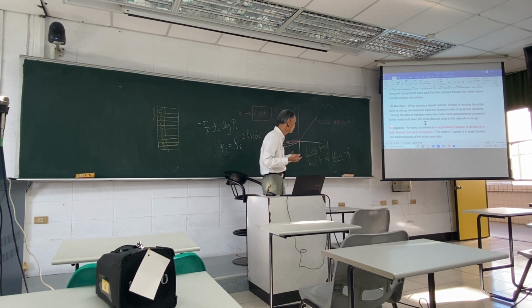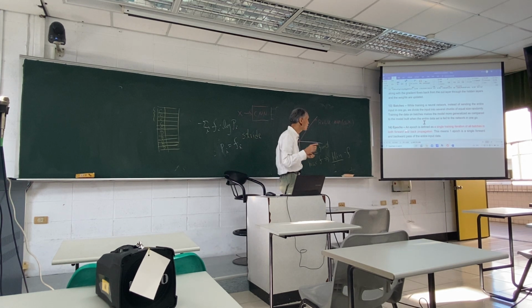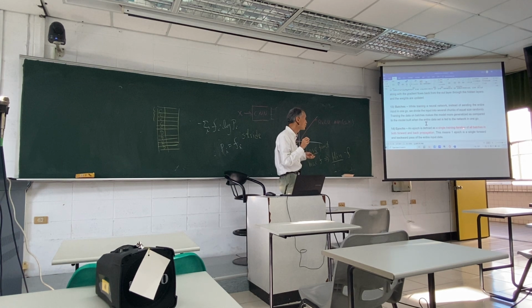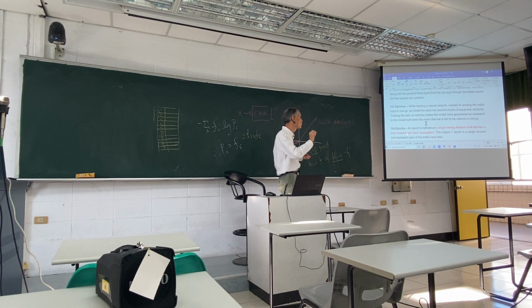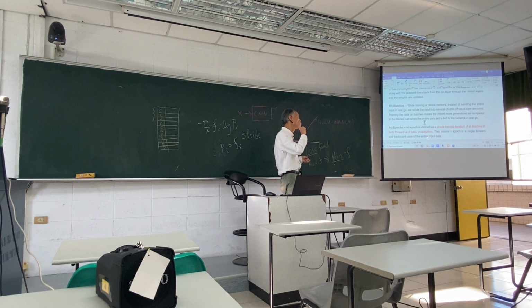Epoch is nothing but a single iteration of all batches in both forward and backward. It means one epoch is a single forward and backward pass for the entire input data.